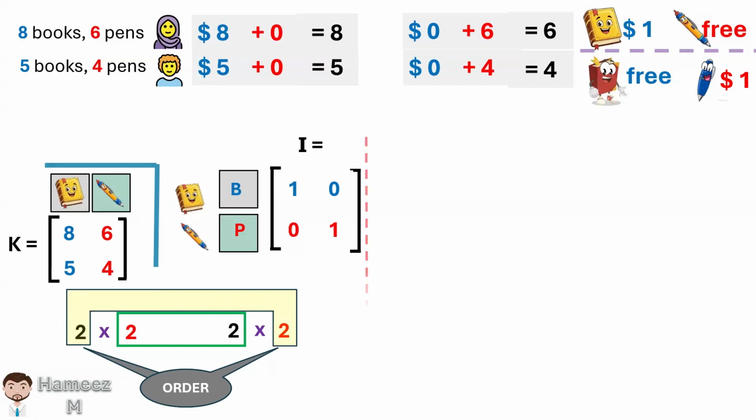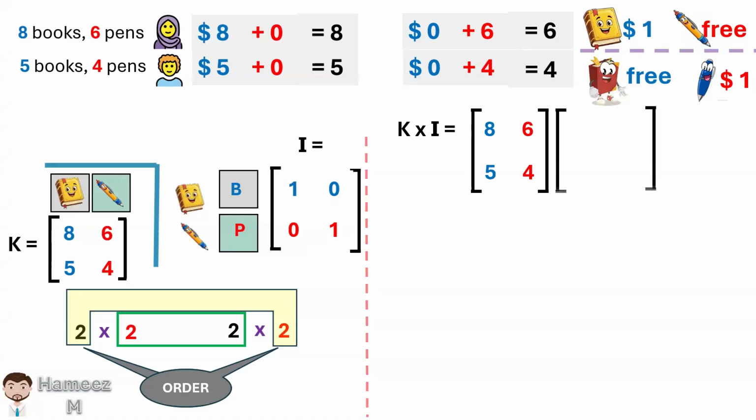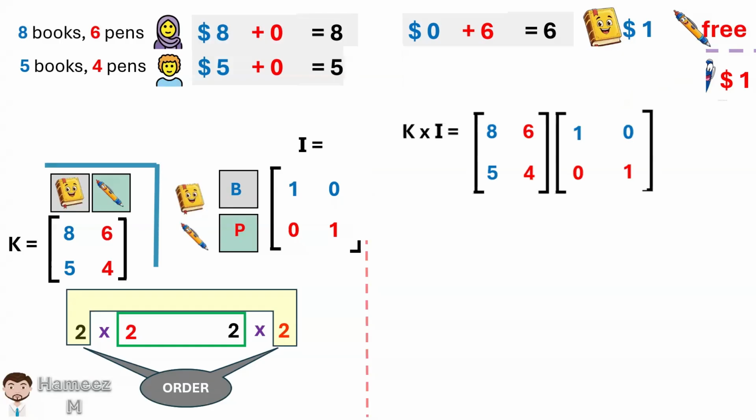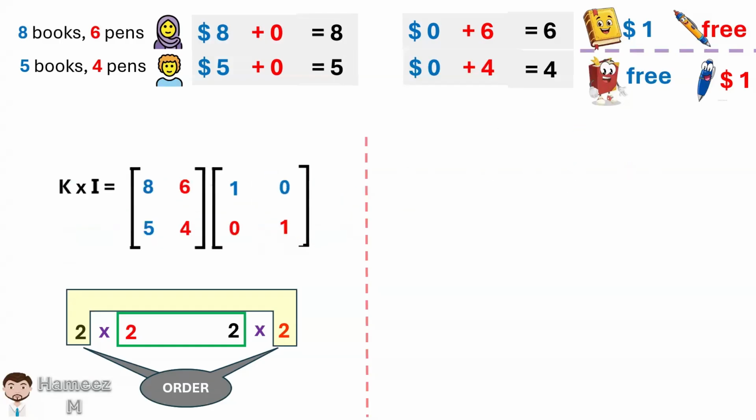If we write it in matrix format, it'll be K times I. So it'll be K, which is 8, 6, 5, 4. And that will be multiplied by 1, 0, 0, 1. So it'll be multiplied by the identity for a 2 by 2 matrix. And when it's K times I, let's pull it out so we could see it easier.